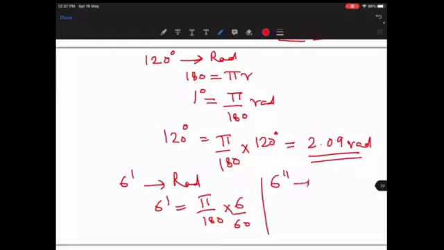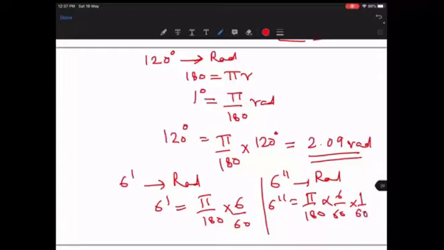If you want to convert 6 seconds into radians, 6 seconds will be equal to pi upon 180 into 6 upon 60 into 1 upon 60, because you need to convert seconds into minutes and minutes into hours, so you divide by 60 and again by 60. That's how you convert degrees, minutes, and seconds into radians. I hope you've understood the conversion properly.